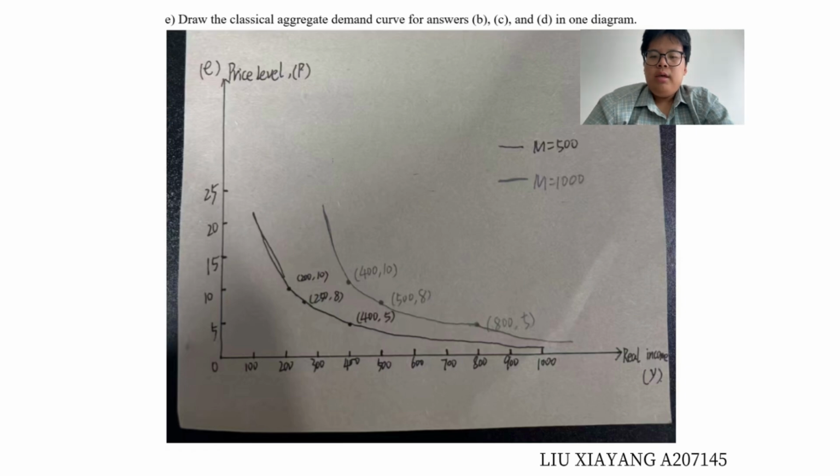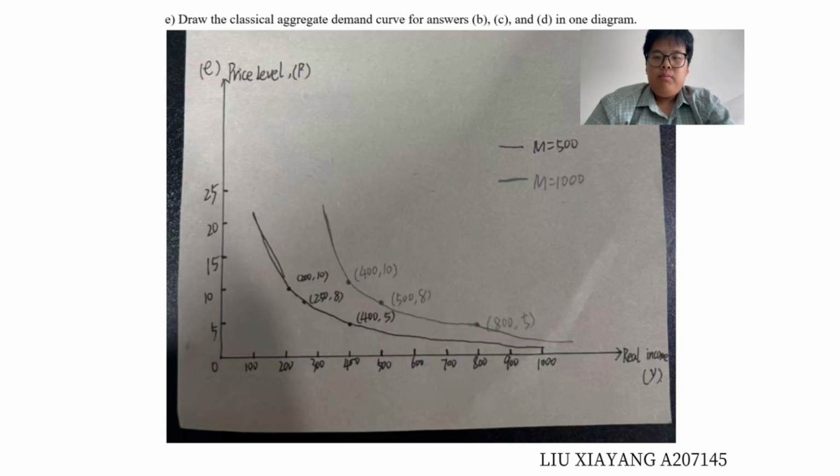As for question E, I will use two different colors to draw the diagram when the money supply is equal to 500 and 1000. When the money supply is equal to 500, the real income is equal to 200, 215, and then 400, and the price level is the same as when the money supply is equal to 1000.